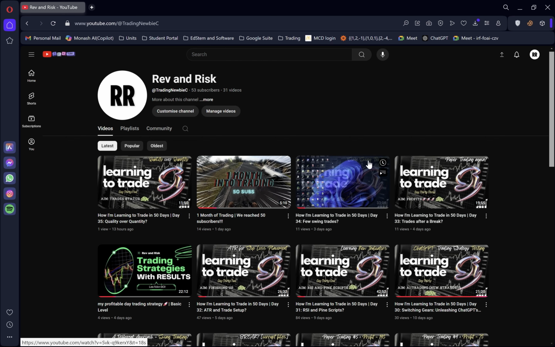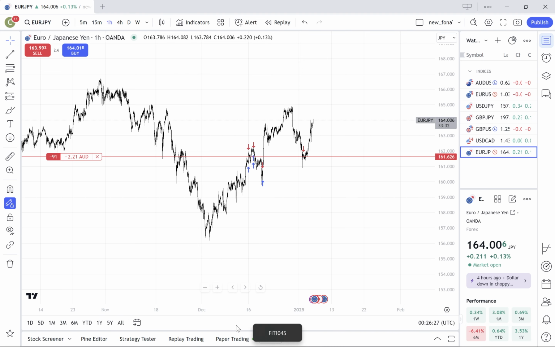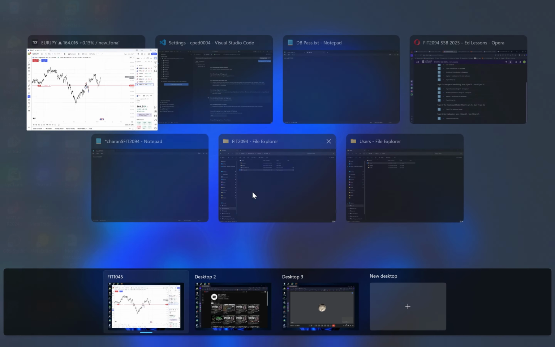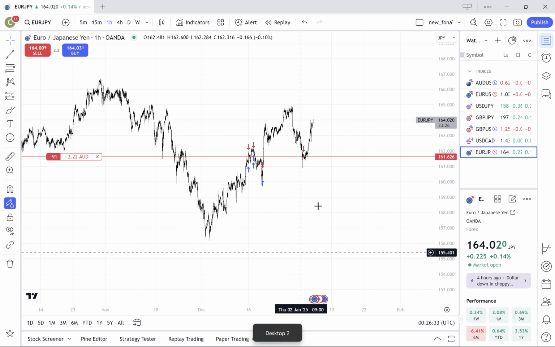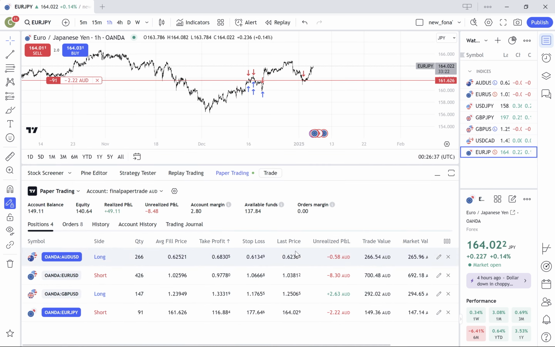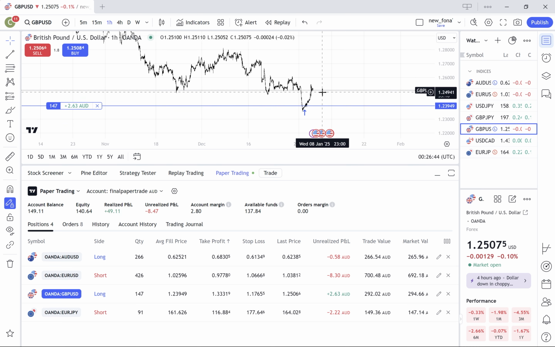So let's start off by looking at how our trades are going. Let's go into our paper trading panel here and see what the situation is. Our GBP USD chart is going pretty well, as expected. It is hitting that high.